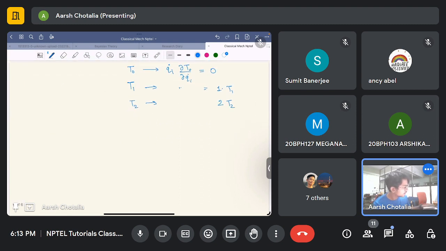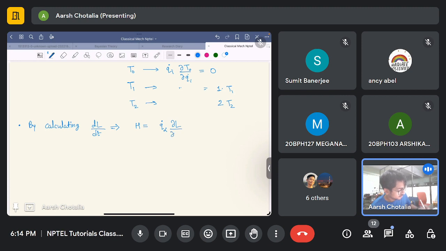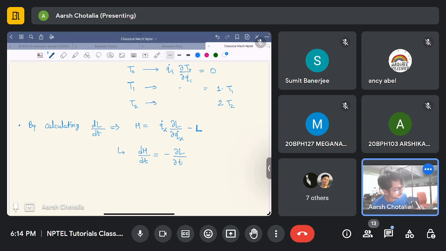So, and by calculating the total derivative of L with respect to t, we found that there is a quantity which we defined as the Hamiltonian of the system, which is q alpha dot del L by del q alpha dot, and this is your conjugate momenta, minus L, and that satisfies some property, which is that the total derivative of the Hamiltonian is the negative of the partial derivative of the Lagrangian with respect to time.